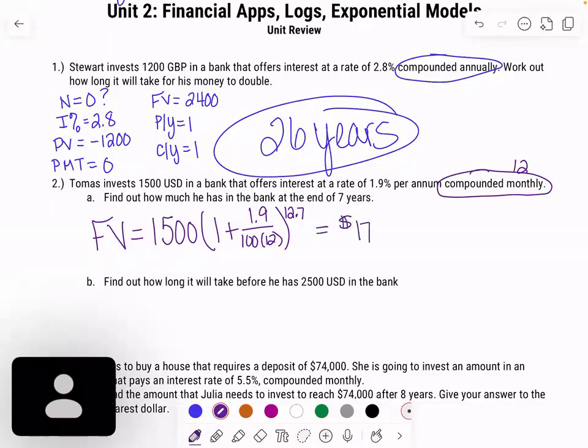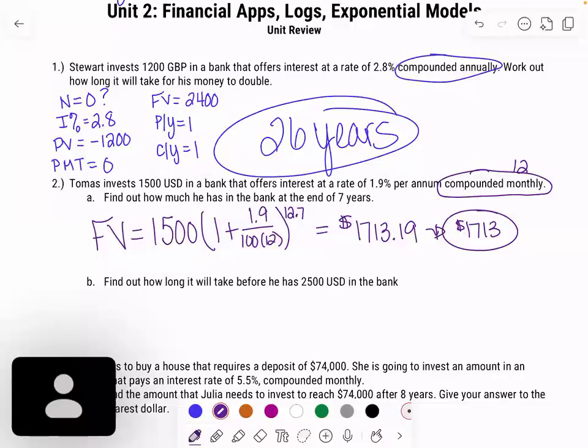So type all that in, you should get $1,713.19, which we can just say 1,713, or if you were doing 3 sig figs, you would do 1,710.